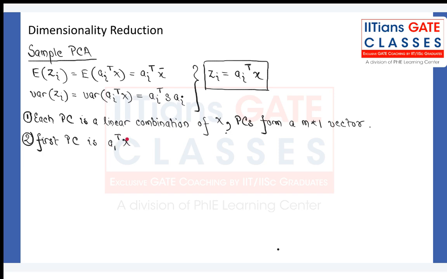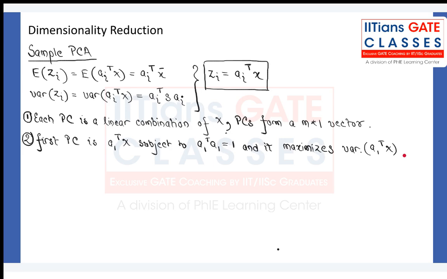A1 transpose X, subject to the fact that the axis is orthogonal, which means A1 transpose A1 is 1, and it maximizes the variance of A1 transpose X. Okay, and each subsequent principal component will be arranged in decreasing order.